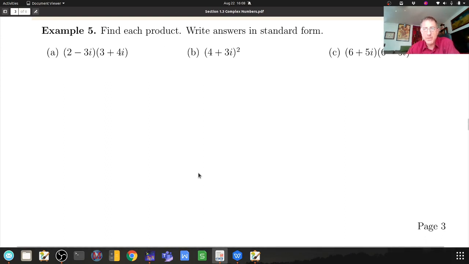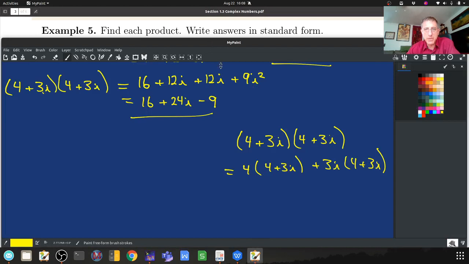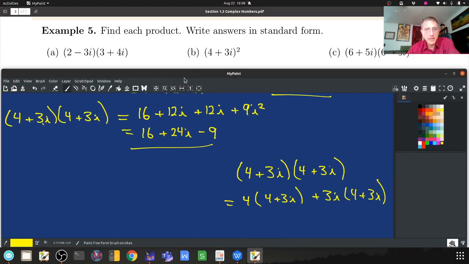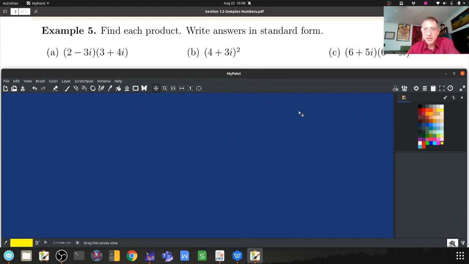And I am going to give you a formula for C, but I won't give you the formula right at this moment. We're going to discover something about C. So if we look at number 5C, we have 6 plus 5i times 6 minus 5i.